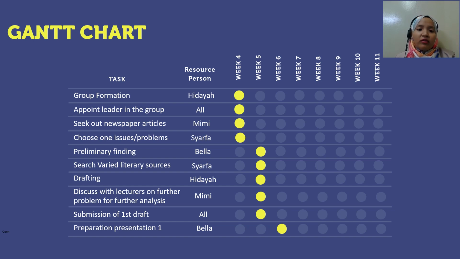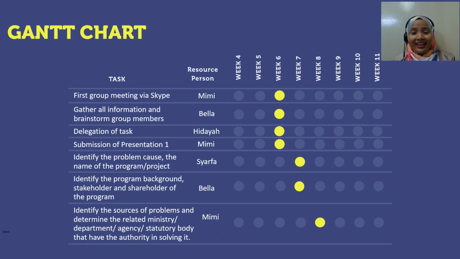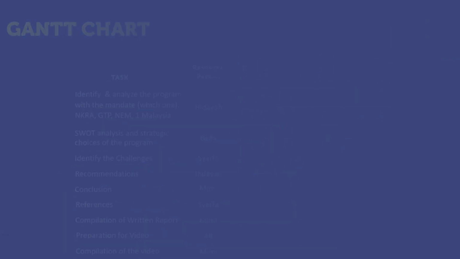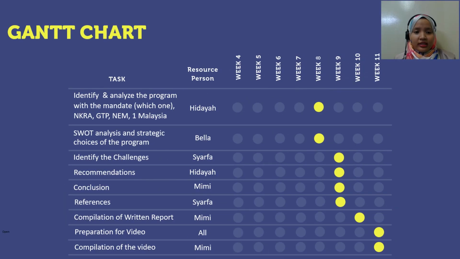We started from group formation, and in this next slide we go from week 6 until week 8. The last one is from week 8 until week 11, where the completion of the video is the last task.